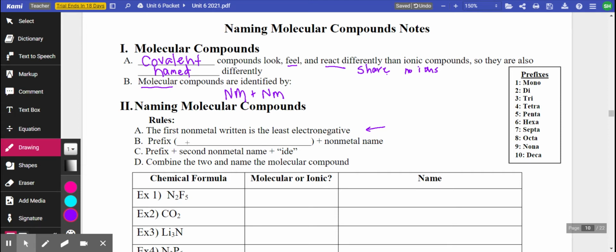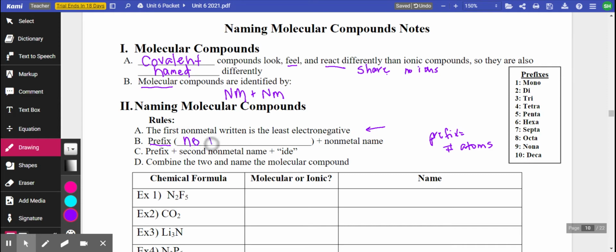Then you're going to look at the name of the first element in the compound, and you're going to write that name, and you're going to put a prefix on the front. That prefix is the number that represents the number of atoms of that element. Okay? So in the first element, you're going to write the prefix that represents the number of atoms and then just the name of the nonmetal. The only exception is if there's only one of them.